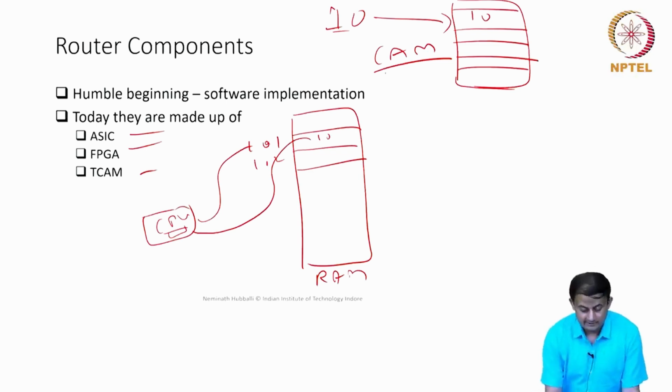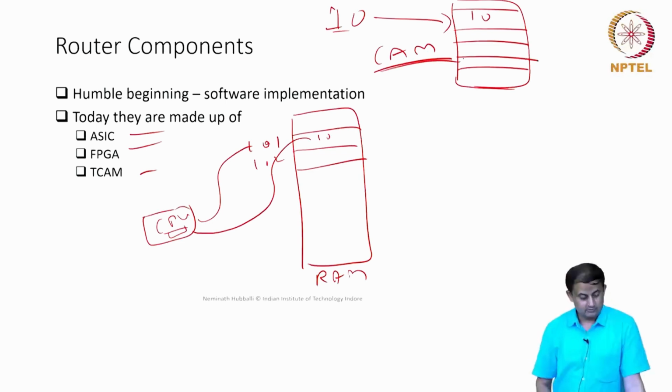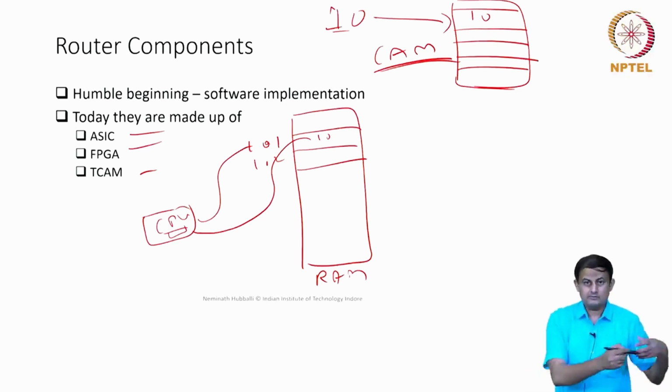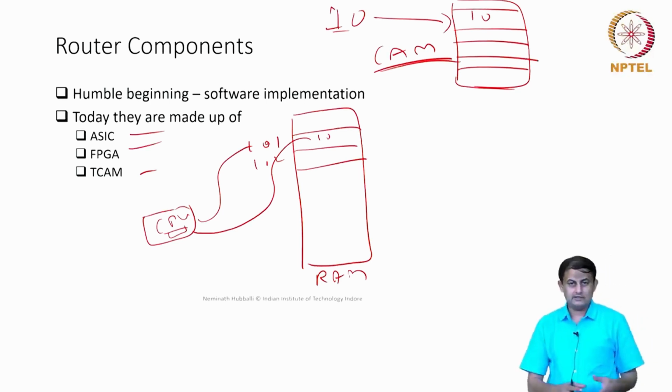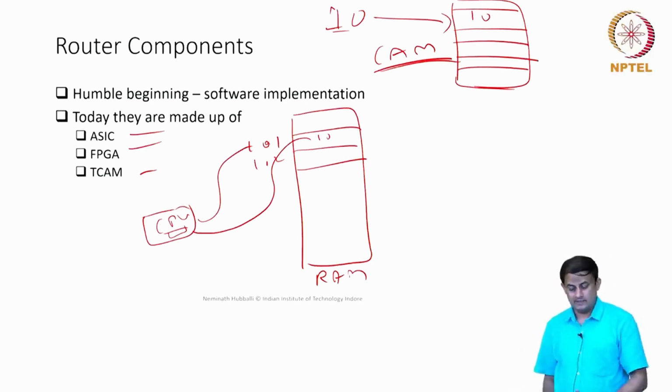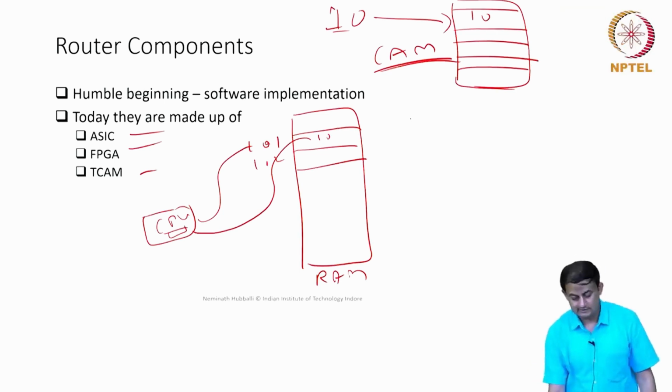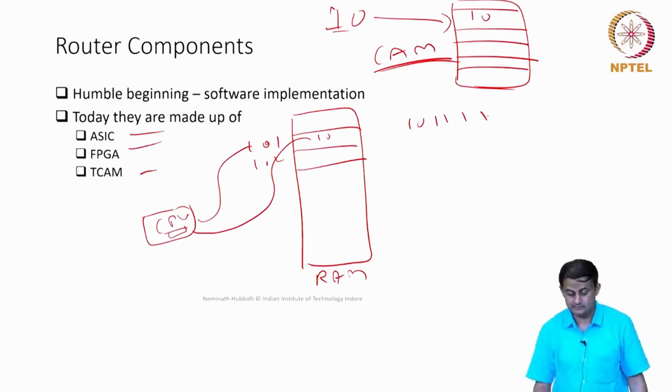So CAM perfectly fit this case, but what TCAM says is, typically we talked about the routing entries being in the prefix format. The entries are not exactly in the binary format of 10 or something like this, but there are also entries like stars. So 1011 to 1111 star or something like that.